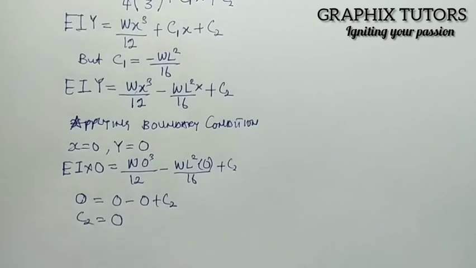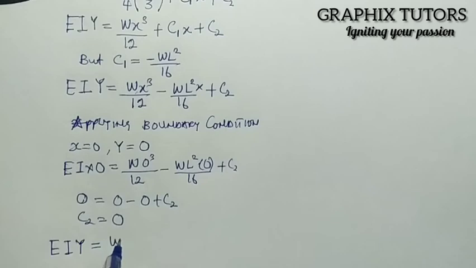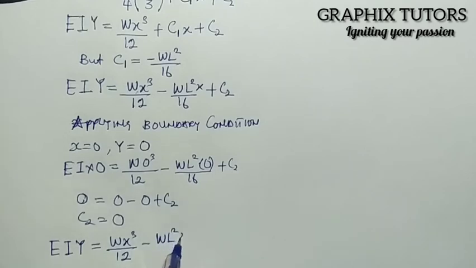So now we'll write this equation: EI y is equals to wx cube over 12 minus wL square x over 16.